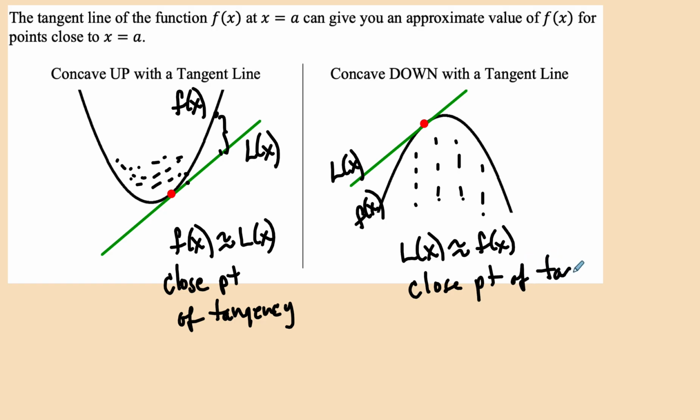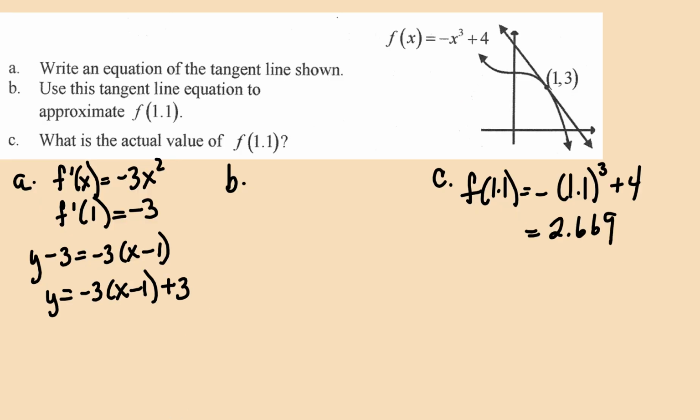If you get too far away from that point of tangency, these y values are very much separated. But as long as you're very close to the point of tangency, the y value of the line and the y value of the function are very close to each other. Keep this in mind.